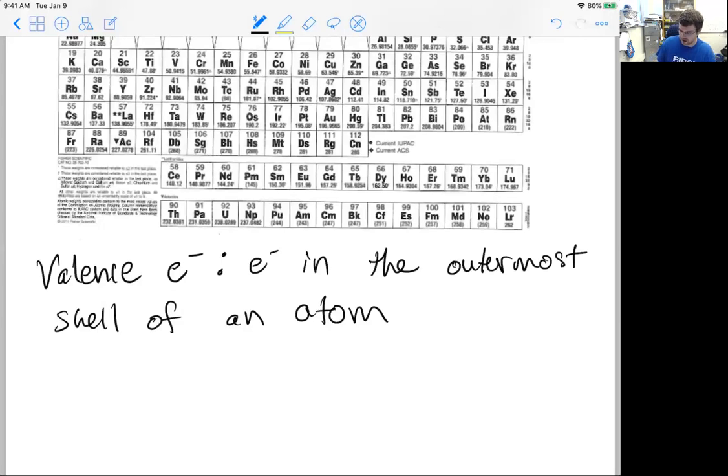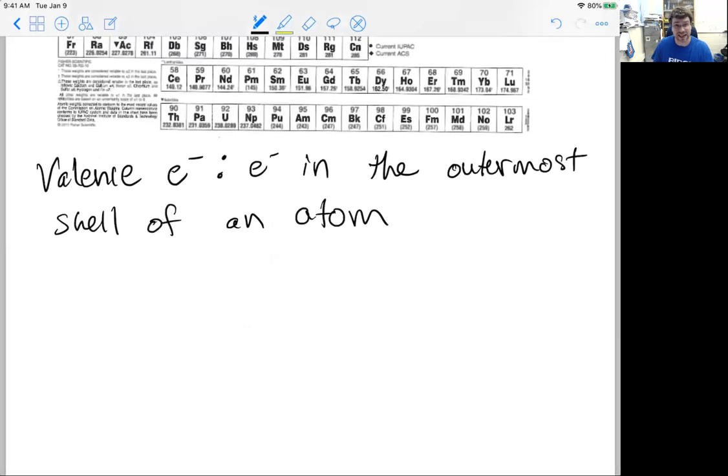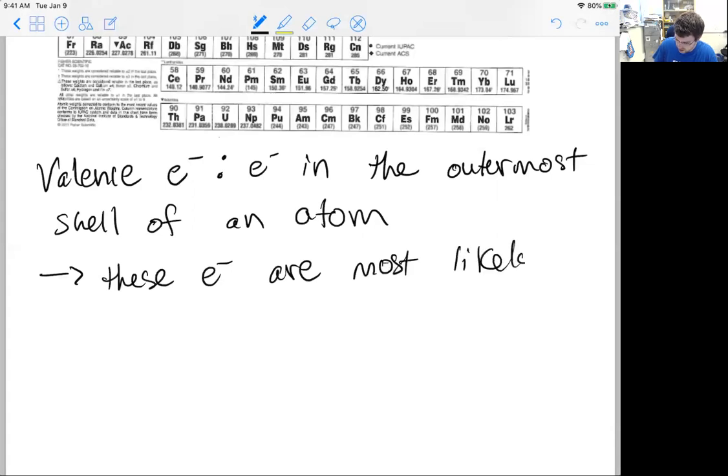So valence electrons are, in many cases, in that second shell. The reason we want to do this is these electrons are most likely to react. And if they're most likely to engage in a chemical reaction, they, for the most part, control the chemical properties of an atom.